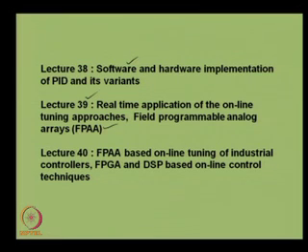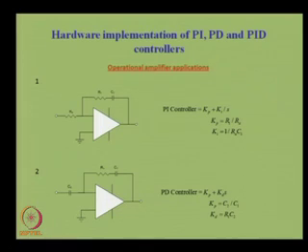In the hardware implementation using op-amp and so on, we can have various forms of PID controllers. As you can see over here, a PI controller can be realized using op-amp, resistor, capacitor and resistor connected in that typical fashion.